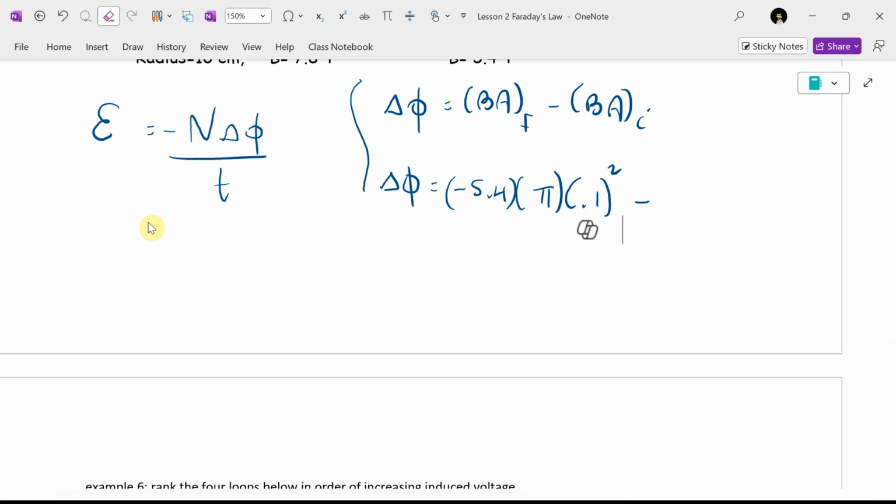7.8 times pi times 0.1 squared. How big is the changing flux?